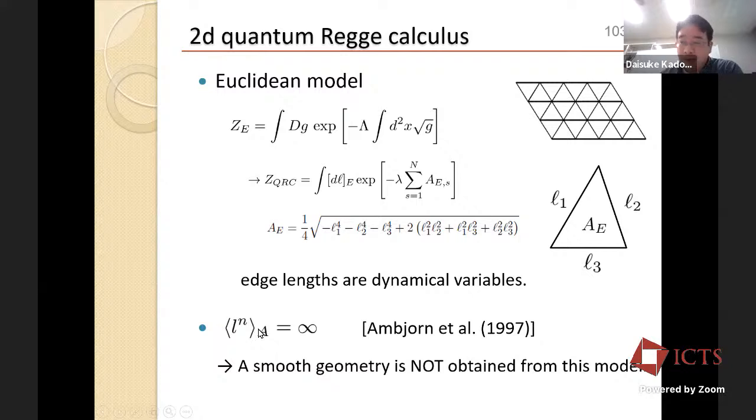The effective lattice spacing diverges, so a smooth geometry is not obtained from this model. So this is a result of the Euclidean case. The two-dimensional Lorentzian quantum Regge calculus was proposed to overcome this problem.